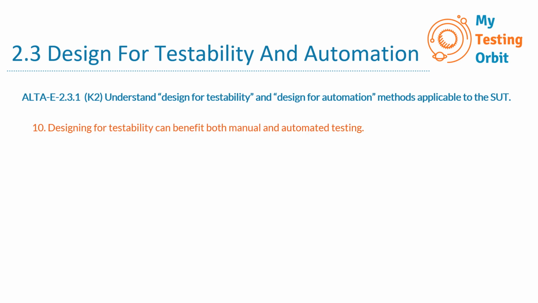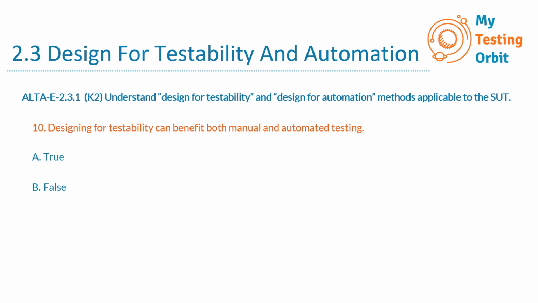And the last question is, designing for testability can benefit both manual and automated testing. True or false? Design for testability, we know, is very beneficial for automated testing, but the question is whether it is beneficial for both manual and automated testing. And the answer is yes, because whenever we are looking for these 3 aspects which we just covered in the last question, whether it's a defined architecture or controllability and observability, this is something which we require for testing, regardless of whether it's manual or automated testing.